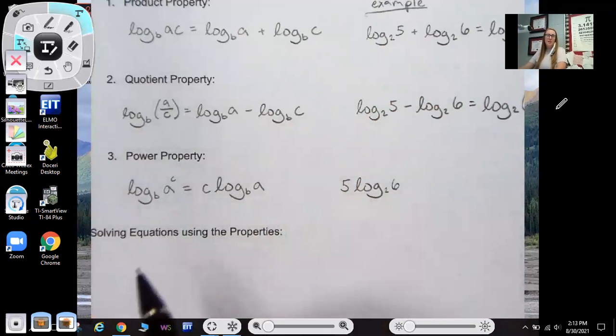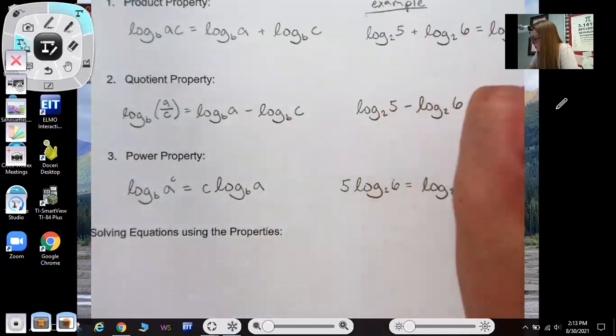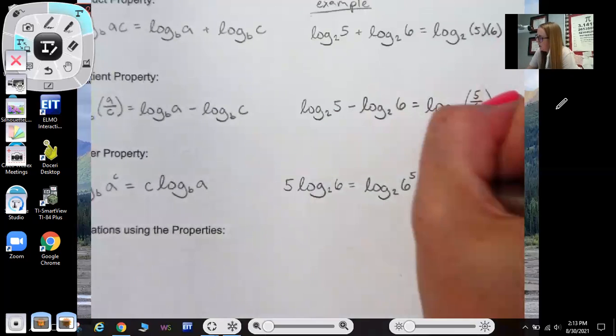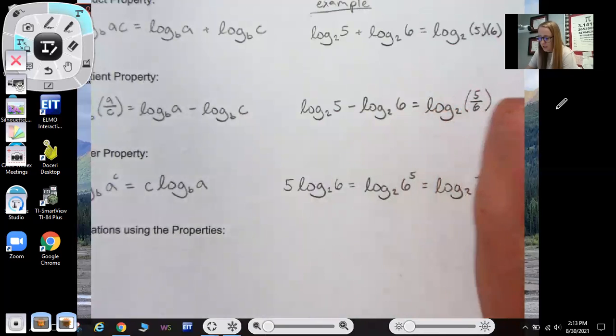So this property is going to help us get rid of those, because we can write this as log base 2 of 6 to the 5th power. We can move that 5 that's down in front as an exponent on the 6. And if we wanted to, we could find the value of 6 to the 5th power. It's actually 7,776.